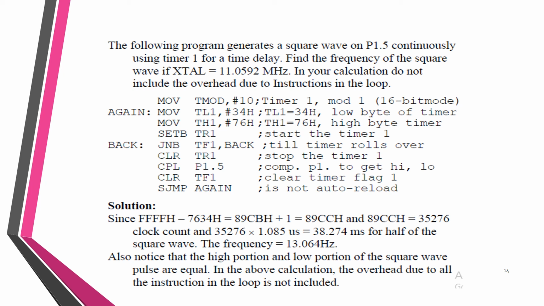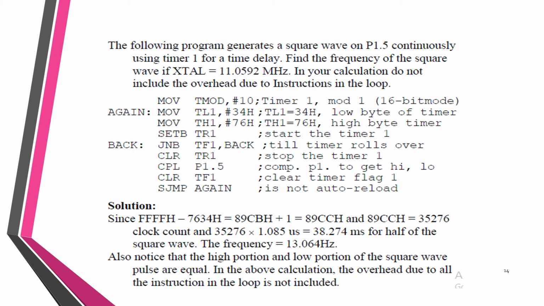What is the TMOD register format? Gate, C/T, then mode bits for timer 1 in the upper half, and again gate, C/T, mode bits M1 and M0 in the lower half for setting the mode. The lower half we are not using, so all 4 bits are 0 0 0 0.